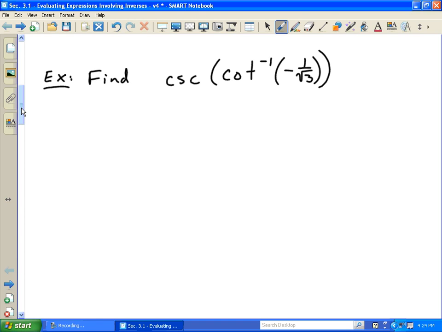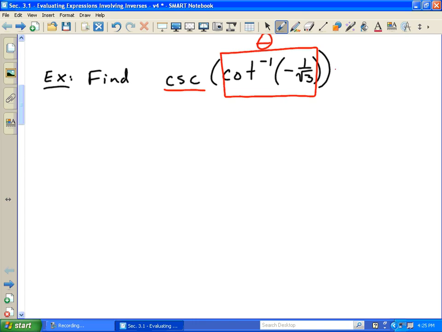In this particular example, you see that your original function is on the outside. We're going to think about the entire inside expression as being an angle. So in other words, essentially, we're finding cosecant of an angle. Well, it turns out that I don't care what that angle is. I don't want to find it. I don't care about it.